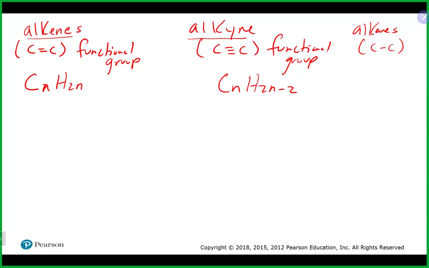So when we look at something, for example, like this, let's put a Cl there, and we'll put a double bond there. Let's go with a 2.